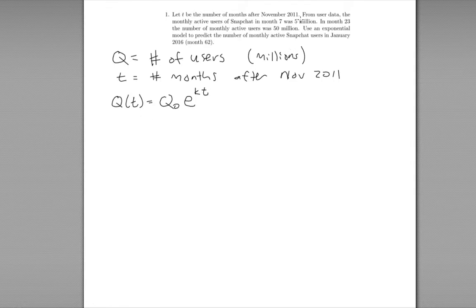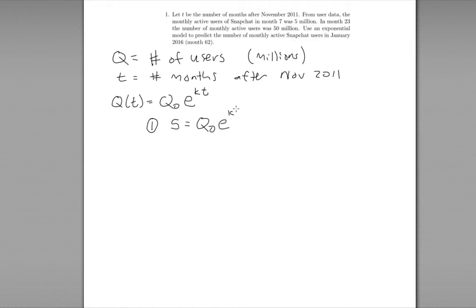So from the first piece of data, when t is equal to 7, so when the months are 7, the number of users is 5 million, or in our case, we just write the number 5. So this allows us to write an equation. Equation 1 is 5, the number of users at time t, equals Q naught, which is something that we don't know, e to the 7k. And when was the number of users 5 million?